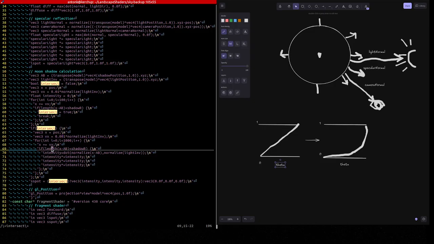And when we do, in the second pass, get close enough to the moon, such that the distance from x is less than the size of the moon, then we calculate the intensity of the shadow, which is going to be the dot product of the vector from x to the center of the moon and the light direction.